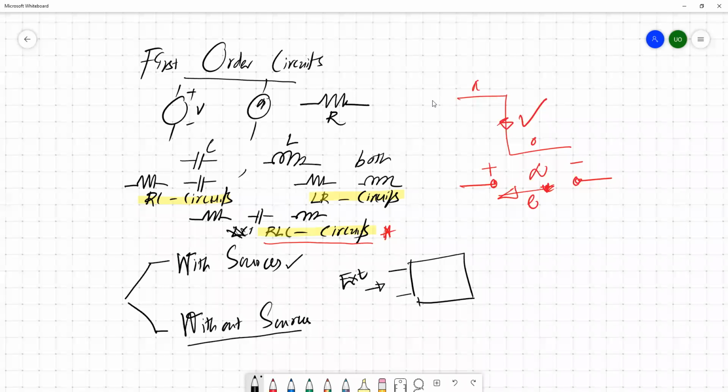That's why, when we discussed capacitors, we discussed the initial voltage of the capacitor, and when we discussed inductors, we explained the initial current of the inductor. So it means capacitors and inductors can act as a kind of source. Capacitors act as a voltage source once charged to a certain level.